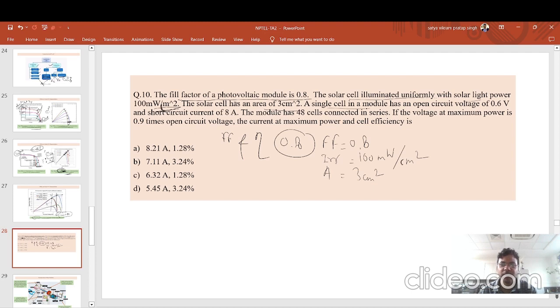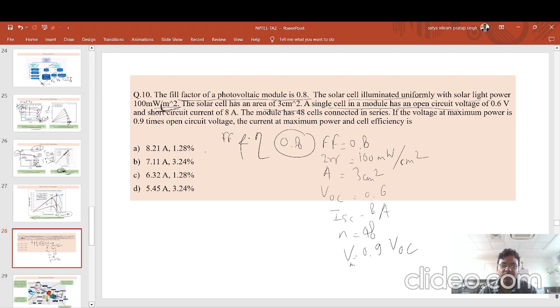And a single cell module has an open circuit voltage VOC equal to 0.6, and the short circuit current ISC is 8 amps, and the module has 48 cells, and the voltage at the maximum power, Vm, is 0.9 times the VOC.